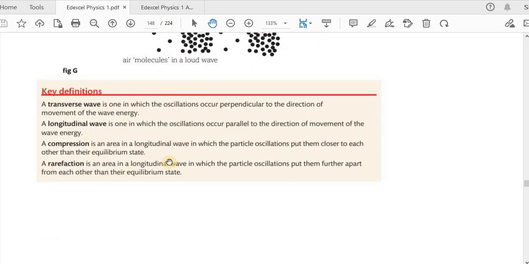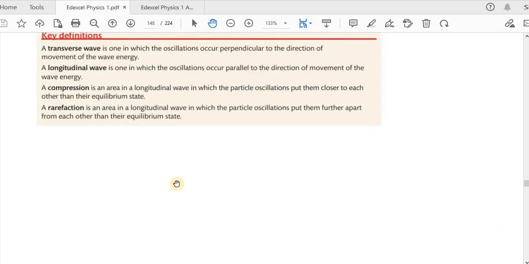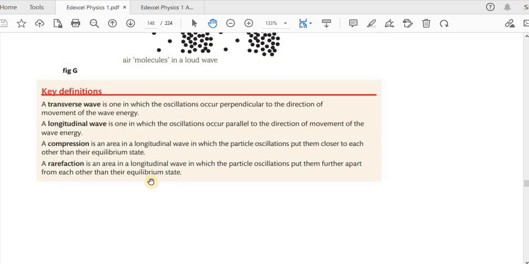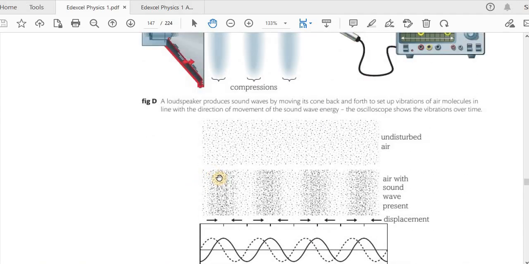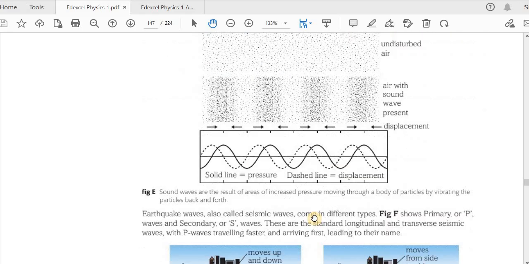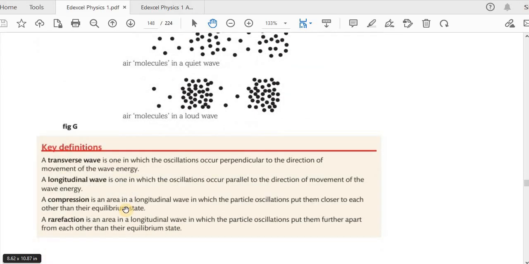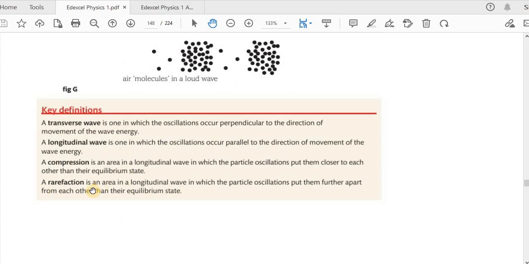Then rarefaction is an area in a longitudinal wave in which the particle oscillations put them further apart from each other than their equilibrium state. Even in the diagram you can see the compressions and rarefactions. Where the particles are closer together is where we have the compressions, where they are spaced out is where we have the rarefactions, and the definitions are important.